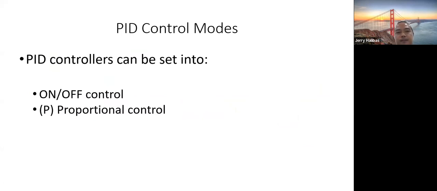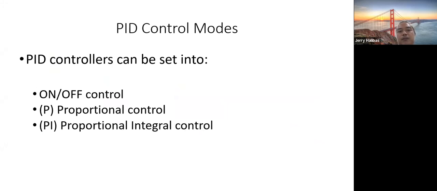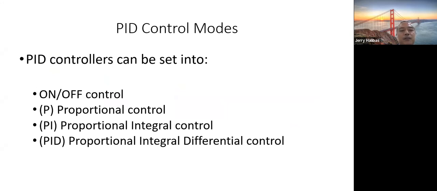Of course, it can also be set to proportional control, proportional integral control, proportional differential control, and finally the complete set, including proportional, integral, and differential controllers. These are the different controller modes within the PID controller system. So let's start with the on-off PID control mode.